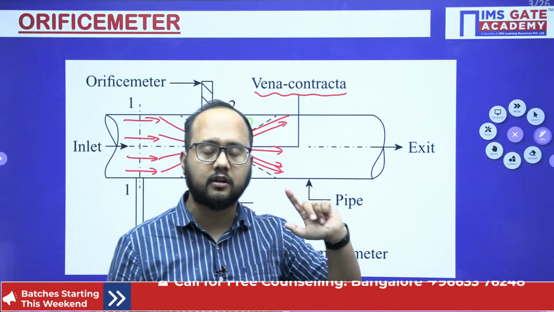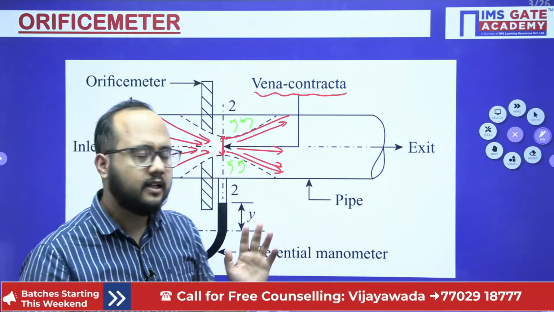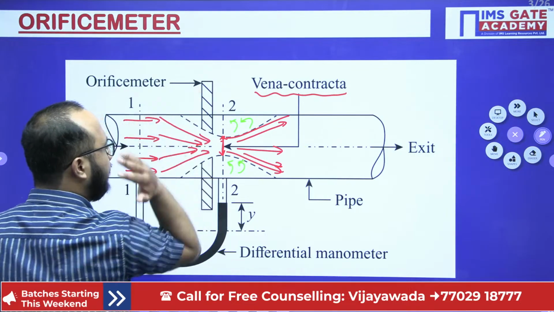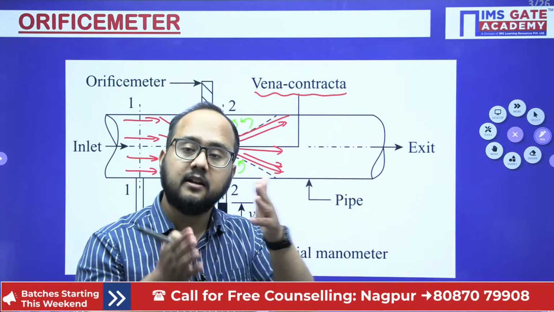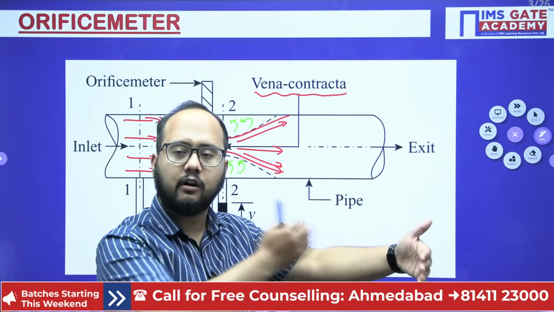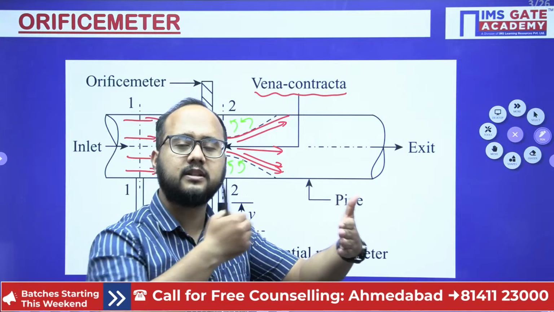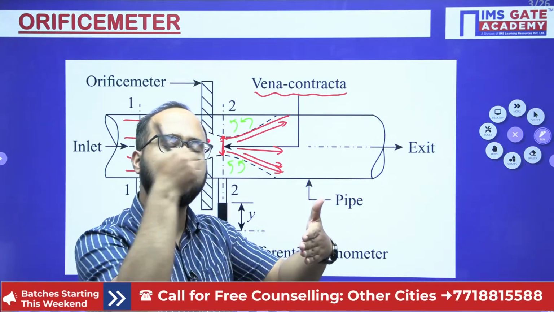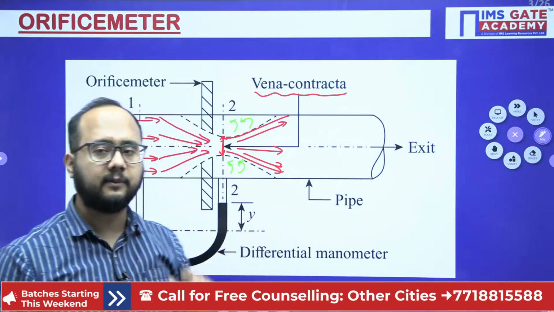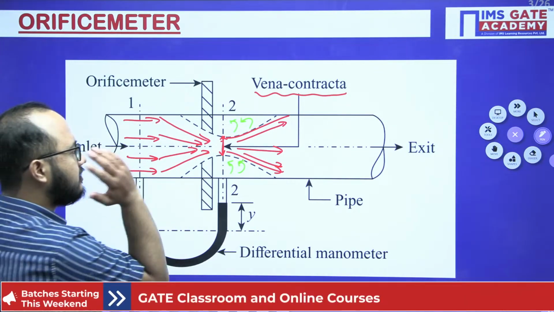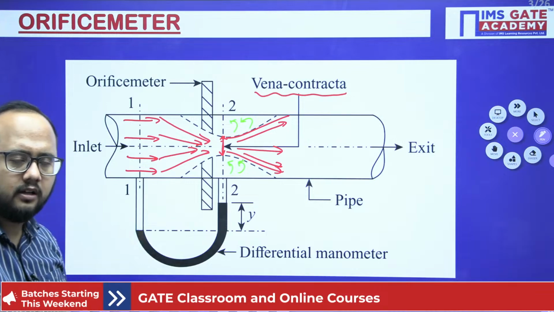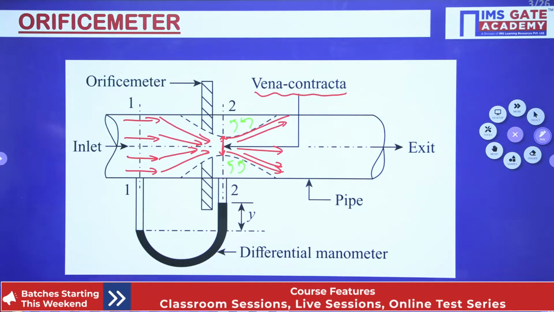In the orifice meter you simply install a circular plate, but the venturimeter has three parts, the convergent part, throat and diverging part, which combine to some length that you need to install in the pipe. In the orifice meter it is very easy: just insert a simple circular plate with a sharp edge hole and you will get the value of discharge.